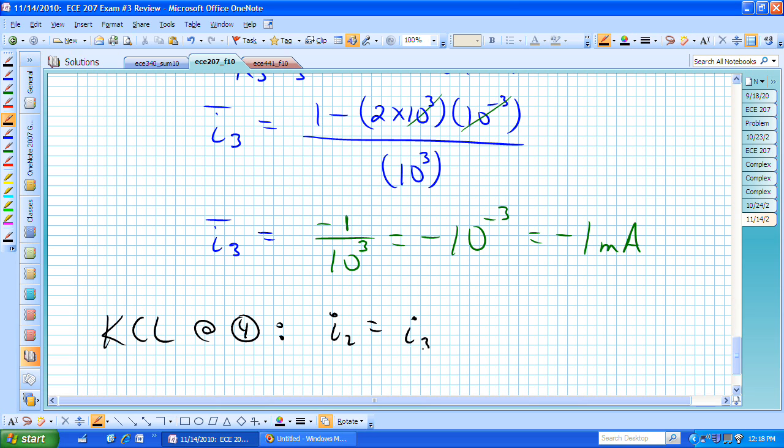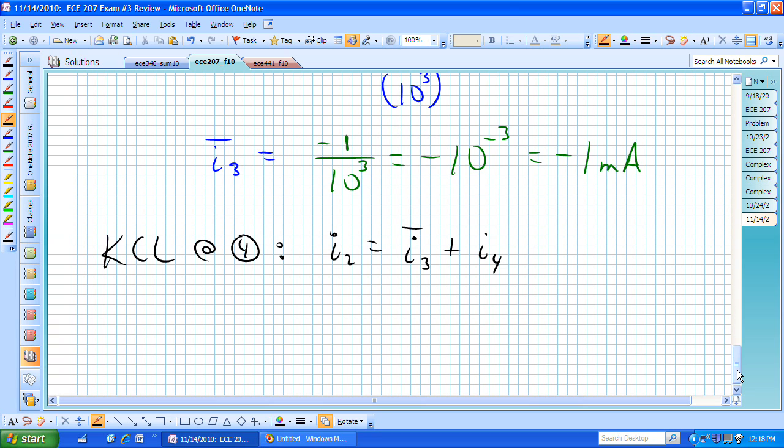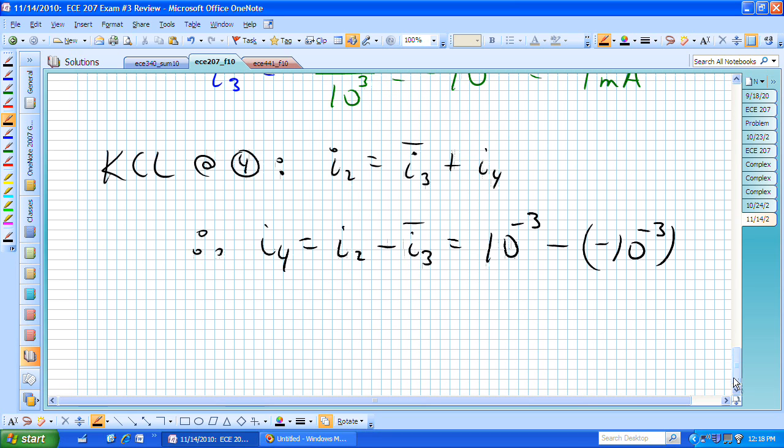That needs to equal the currents going out. We know I sub 3 bar, we just computed it. We know I sub 2, and I sub 4 then is I sub 2 minus I sub 3 bar. This was 10 to the minus 3 minus a minus 10 to the minus 3, or I sub 4, hopefully, is now 2 times 10 to the minus 3 amps, or 2 milliamps. That's I sub 4.